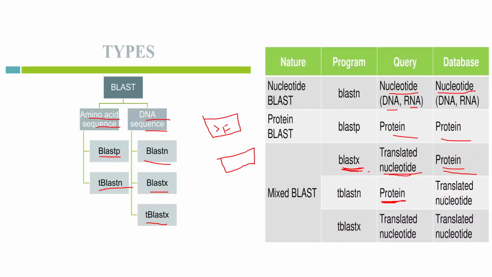So you are searching the query sequence as a protein against the translated nucleotide. Translated nucleotide means it will be like a protein sequence only. It will perform the BLAST against the database containing the translated nucleotide.